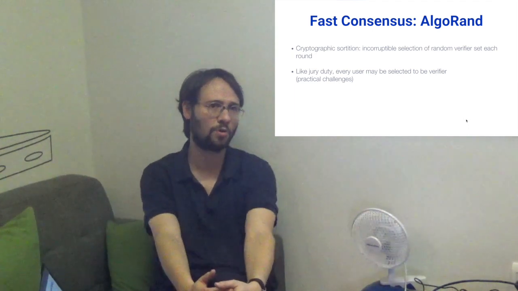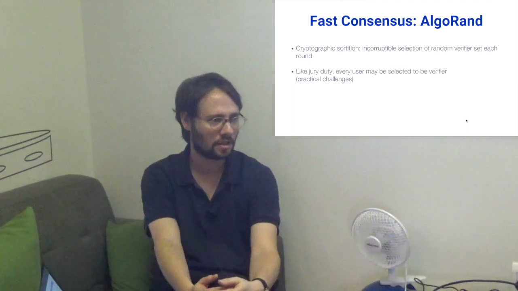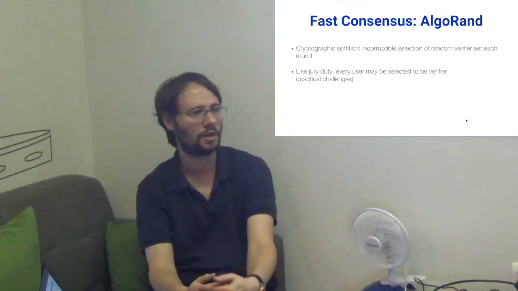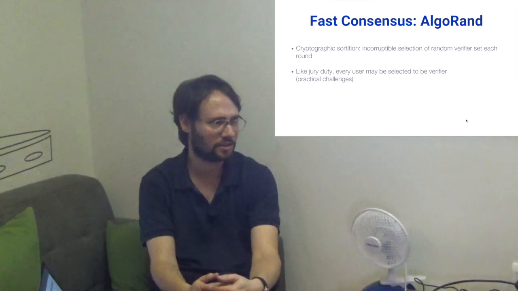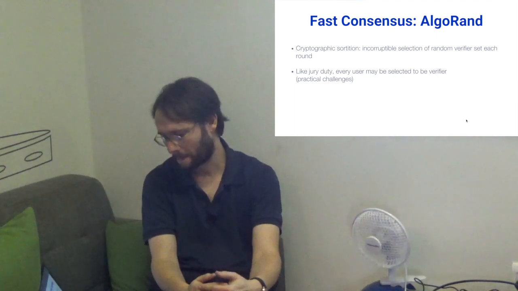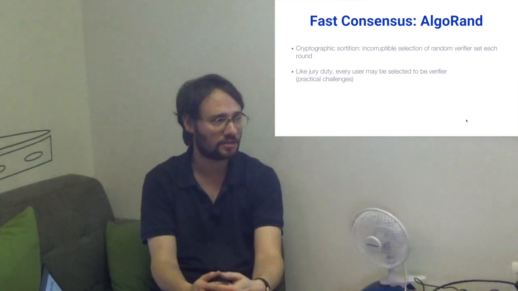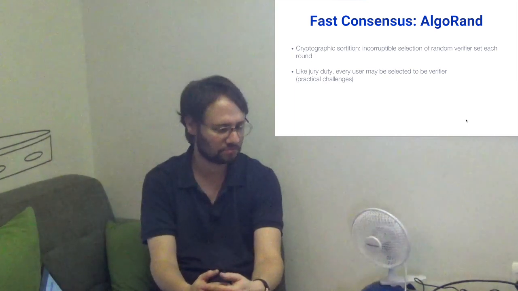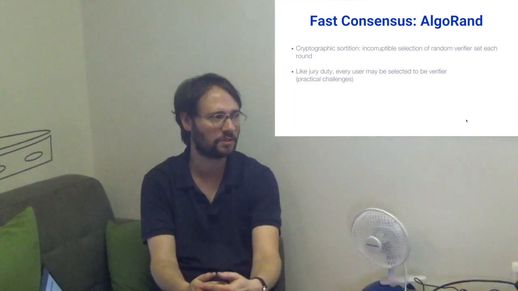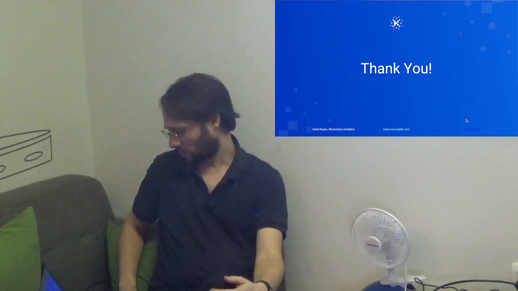Nobody else can know whether you're in the committee or not until you've already done your proof. So it's impossible to attack you in advance, knowing that you're going to be the voter. So that's a very interesting model. Still needs some work before we can see if it can be used in practice. And I guess that's it.